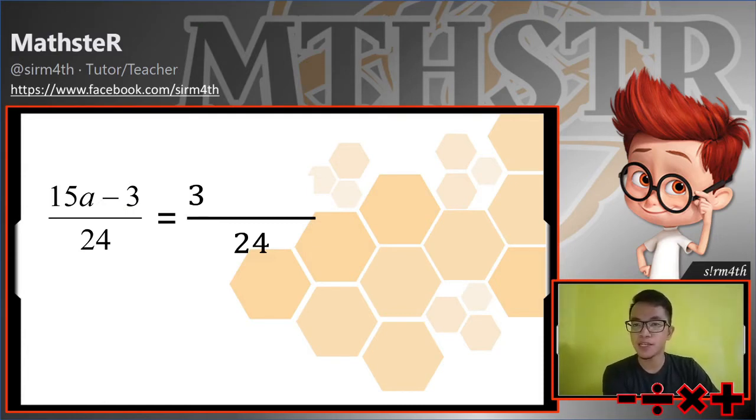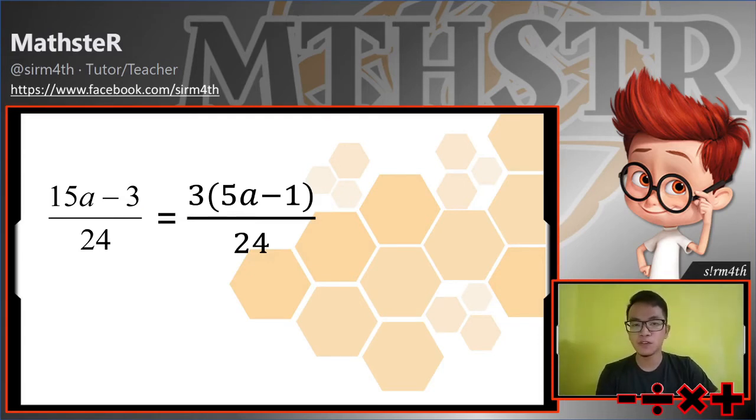If we divide 15a by 3, we have 5a, since if we multiply 5a times 3, we get 15a. And then, if we divide -3 by 3, in dividing unlike signs, we have -1.